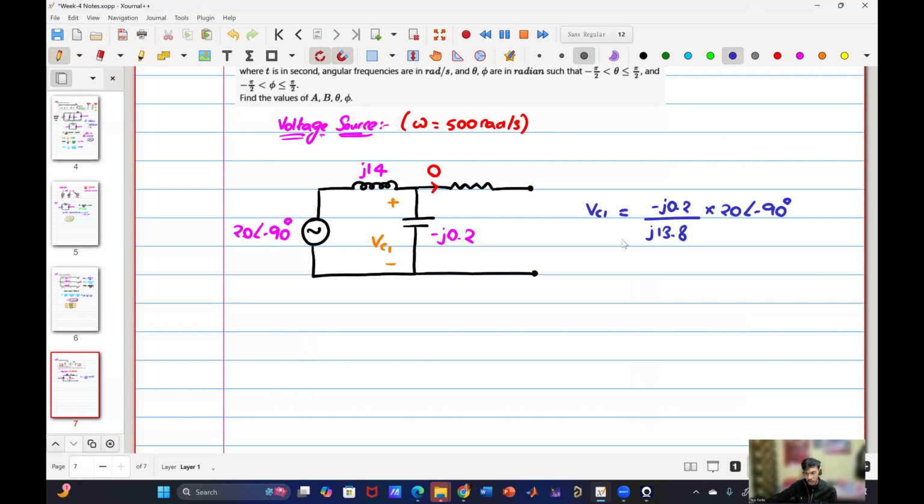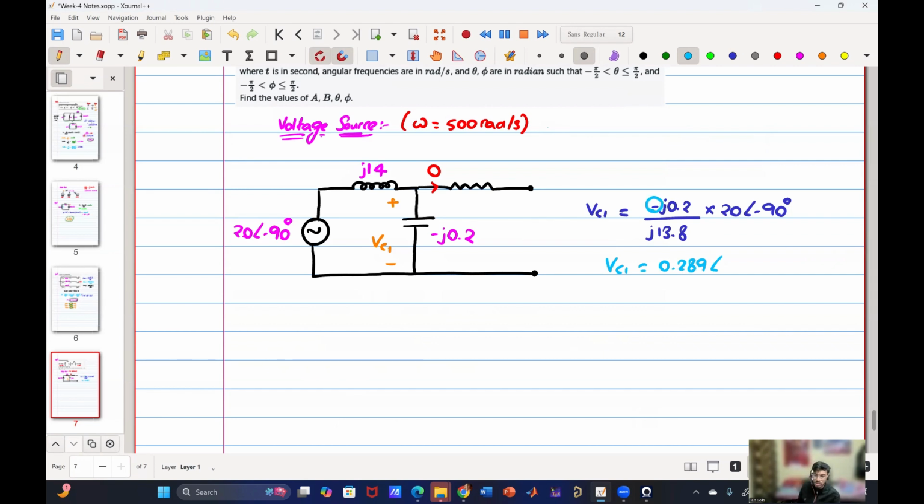Shamita, you're also following, right? Yes, sir. Okay. So now if you calculate this, you will get VC1 equal to 0.289, and the angle is plus 90 degrees, because there is one minus sign over here.